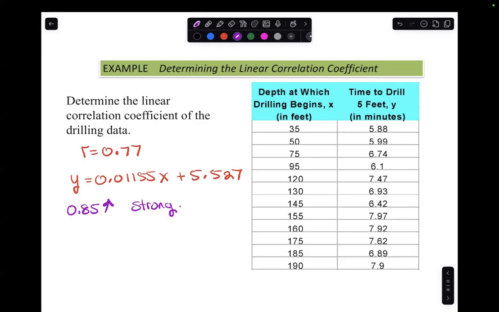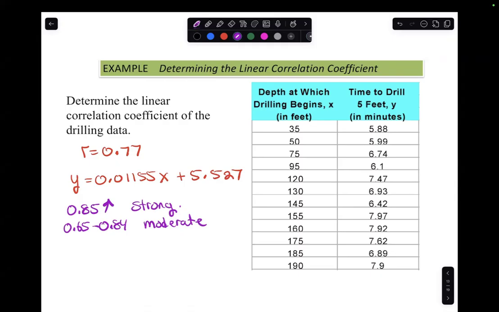Anything above 0.9, obviously, that's just strong. But 0.85 or higher, I'm going to call that strong. At about 0.65 to 0.84, I'm going to call this moderate. As I get to 0.75 and up, I might say moderately strong.